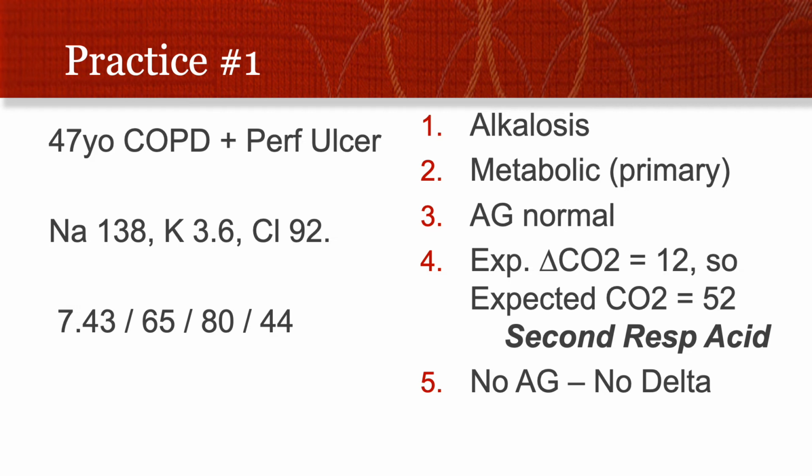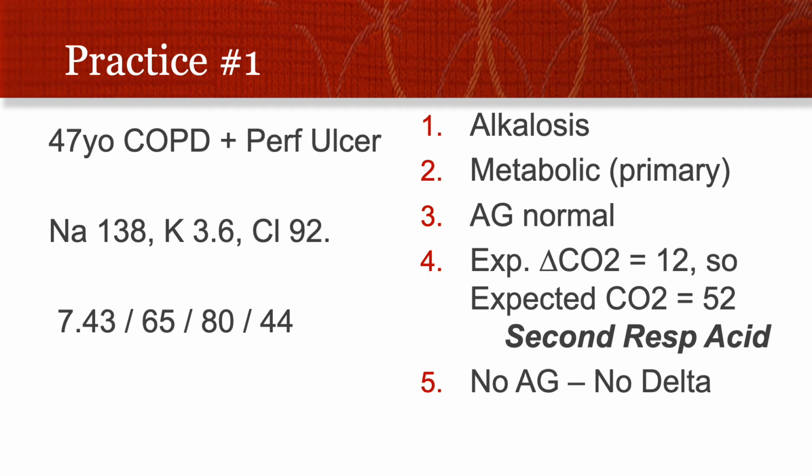In this case, the CO2 equals 65, and so I have a secondary respiratory acidosis. I am not overcompensated. It is a secondary problem. Since there's no anion gap, I don't need to do a delta ratio, and I have all the information I need to say this is a primary metabolic alkalosis with a secondary respiratory acidosis.